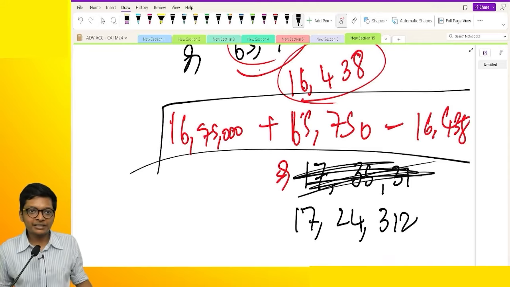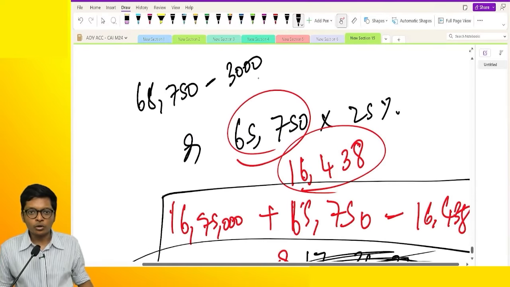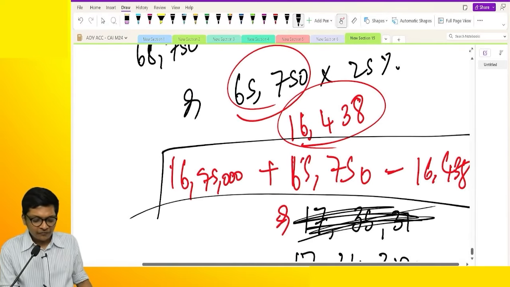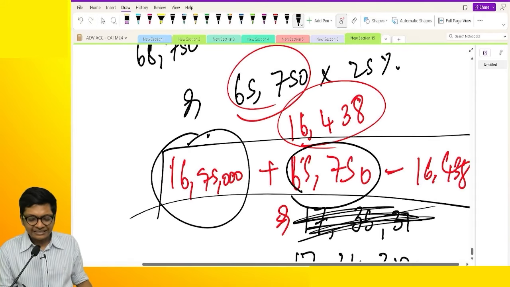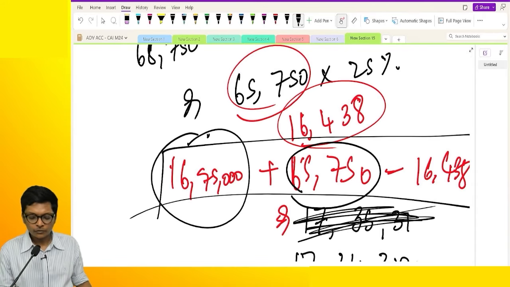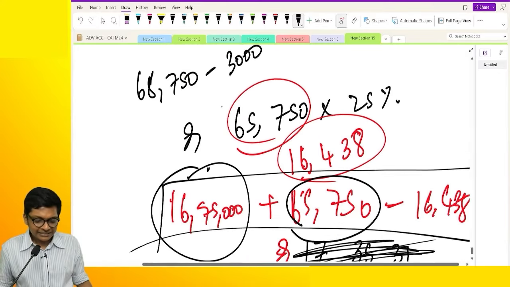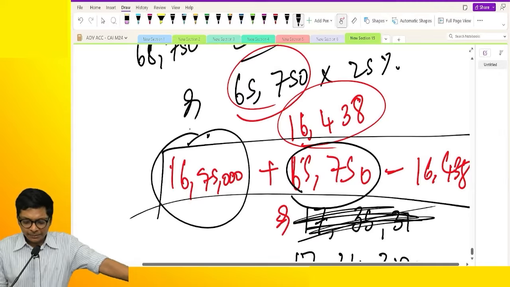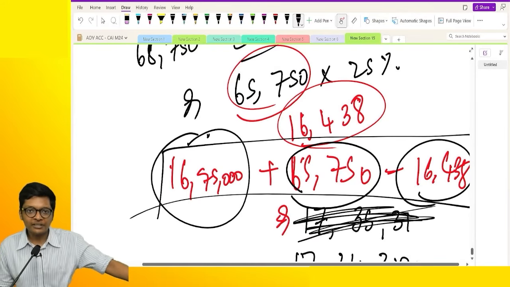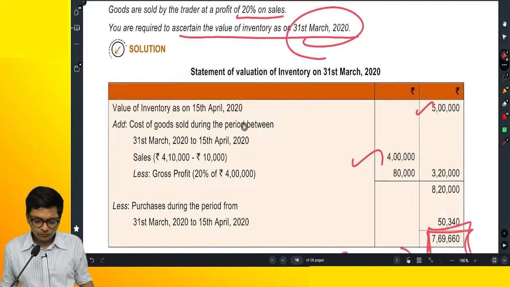Are you following, guys? Understanding? What have we done? Like the previous sum, from the closing stock, I added back sales net of sales return. I reduced the sales return. And I minus profit. That's what we did in the previous sum.